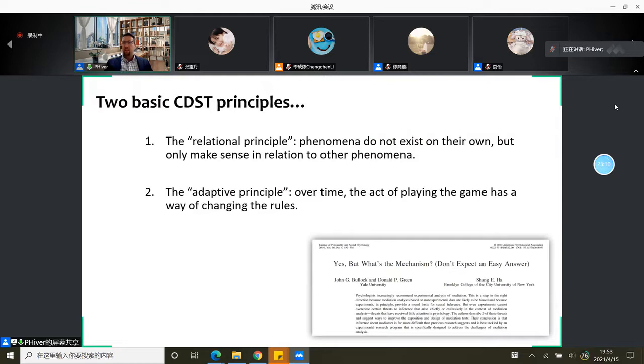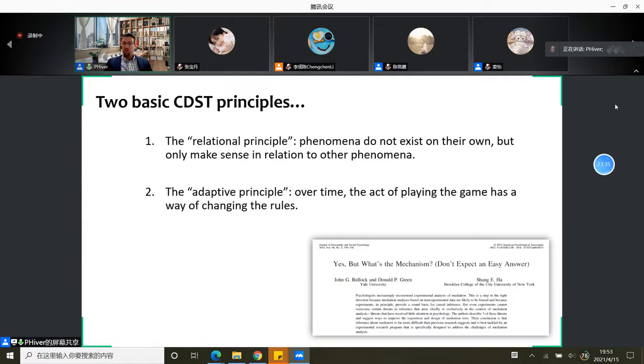So what is this new way of doing things? Well, let's pivot now to doing research, and let's add a couple basic assumptions of complexity theory. So as we've already said, complexity theory takes a systems view as its point of departure, that we're studying complex systems. And we can add to this the relational principle and the adaptive principle.